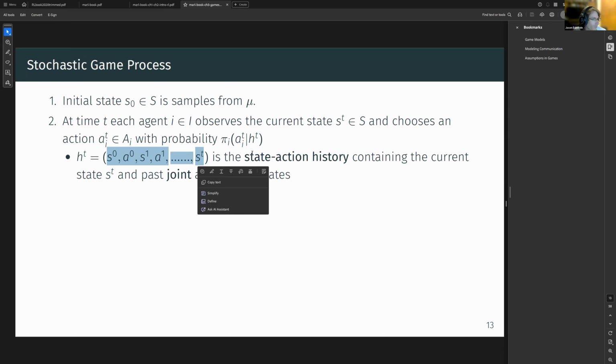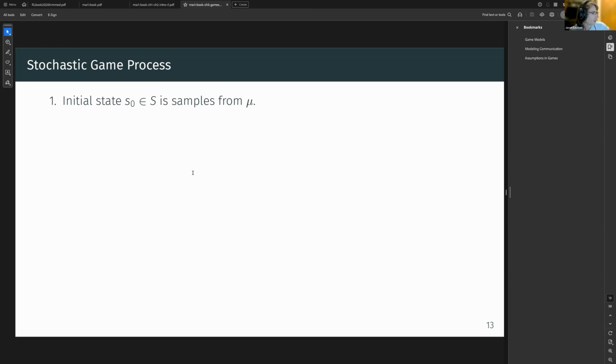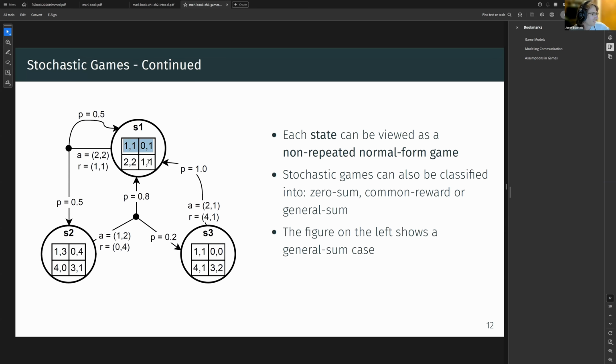It contains both, so the state-action history. And this is important, because we can't really judge the meaning of the actions unless we know what state we were in when those actions were taken. What we assume also is that the agents know the meaning of these different states, like how the rules of the game work.